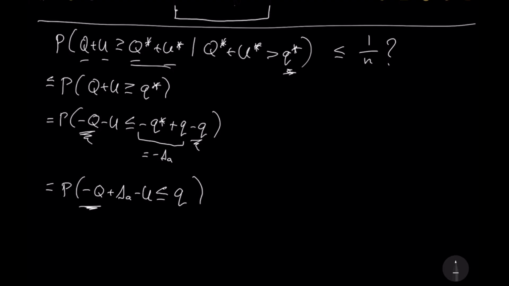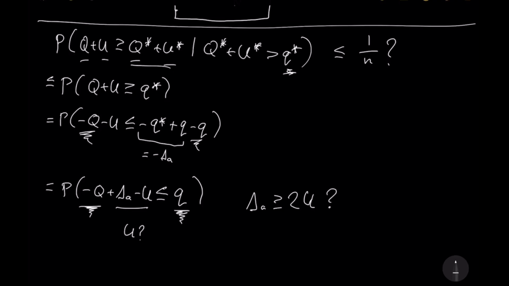We have a random variable on the left hand side, we have its expectation on the right hand side, and we have something else. Now this something else looks a little bit complicated and potentially messy because it has this action gap, delta A, in there. It would be nice to have something that looks more like u. So can we maybe have the property that this is larger or equal to 2u?